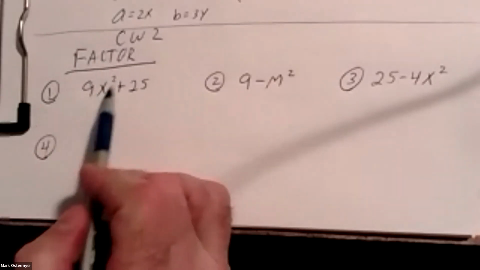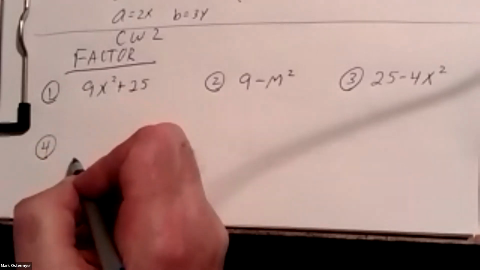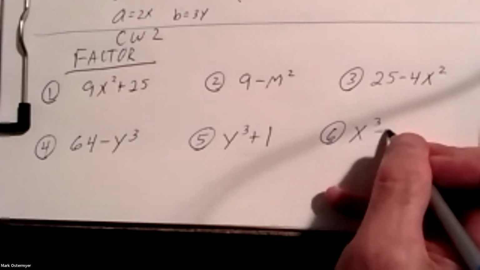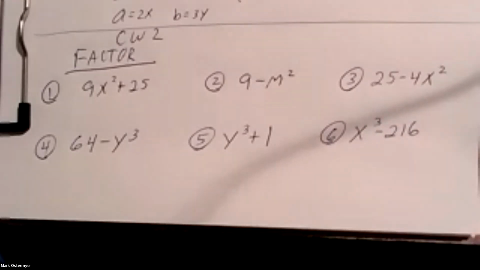Number 1. 9x squared. This is 9x squared plus 25. All right, so try those and we'll come back and look at those there.